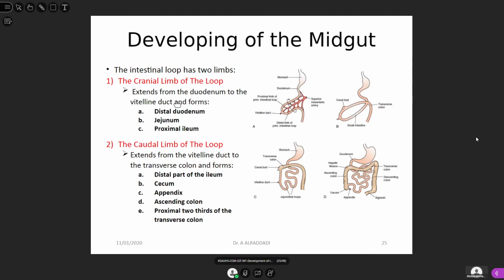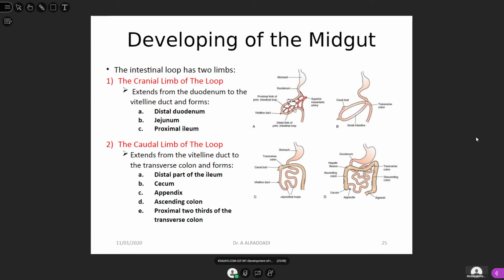So it will form a loop, the intestinal loop, and this intestinal loop can be divided into two parts. This is the intestinal loop of the midgut. Here we have the duodenum, and here we have the distal part of the transverse colon.